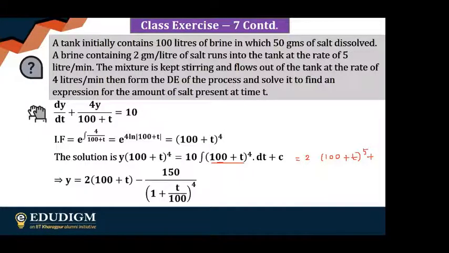Fair enough? If you look at this step, which is directly written here, you understand that if I divide this by 100 plus t to the power 4, I understand the first part. So obviously there has been some sort of value of c that has been determined.